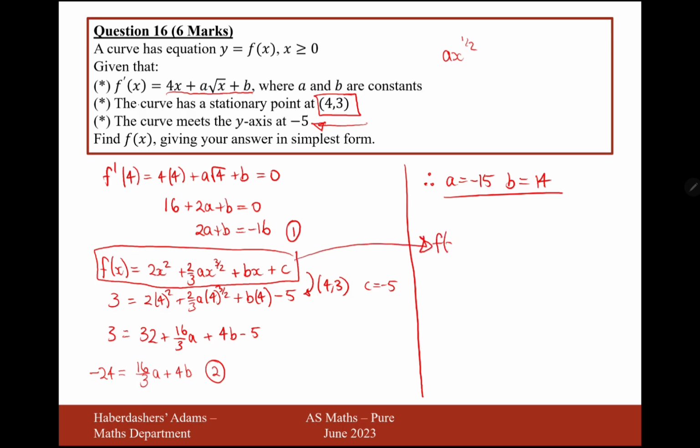So f of x is equal to 2x squared plus 2/3 of a, so that will be -10x to the 3 over 2, plus 14x minus 5. And there we are. That's the answer to this question 16, worth a total of 6 marks. Excellent. Let's now move on to the final question in the paper, question 17.